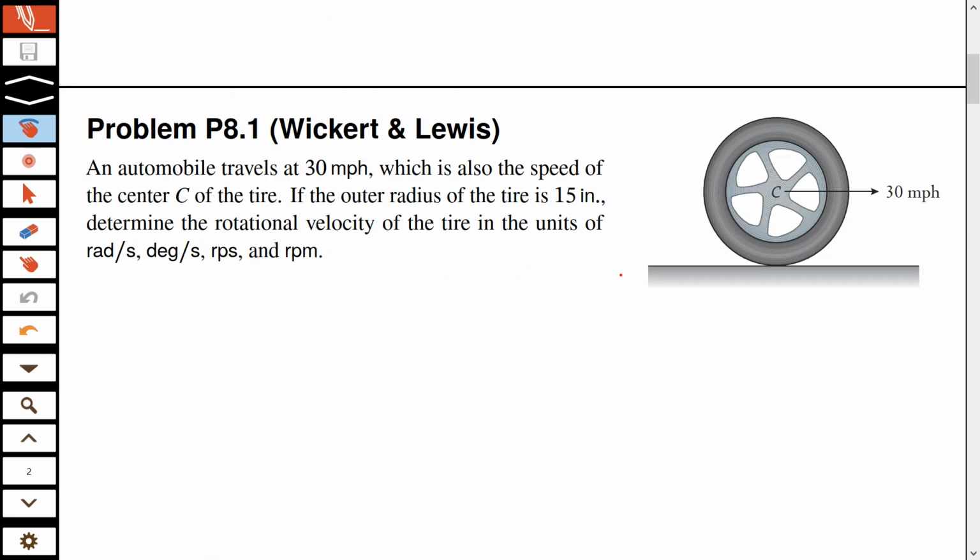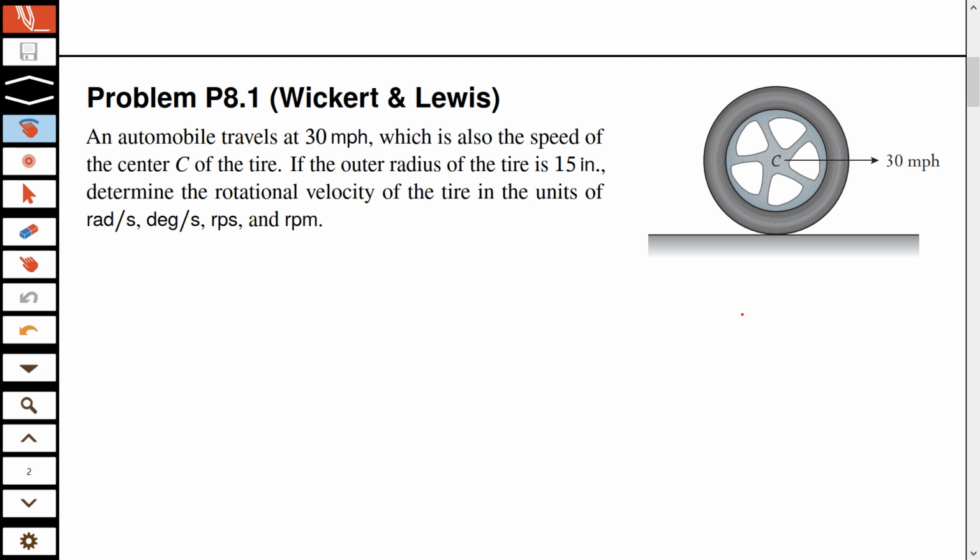So if you remember, this was the last problem in the previous lecture, and we were supposed to calculate the rotational velocity. Yeah, so we worked out the rotational velocity, and the main trick here was that there are two types of motions, this motion as well as this motion as a whole.